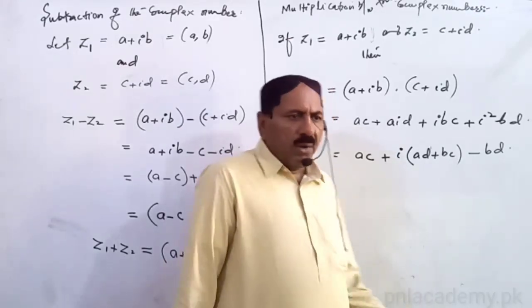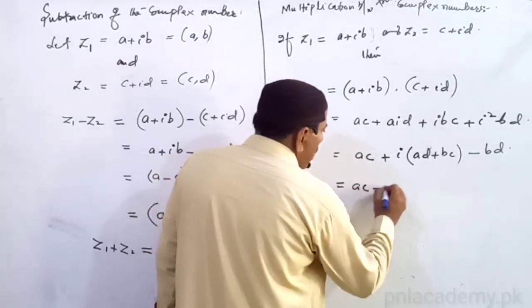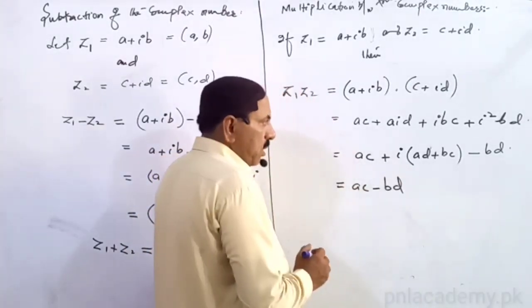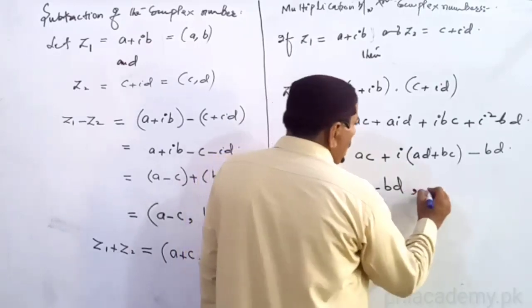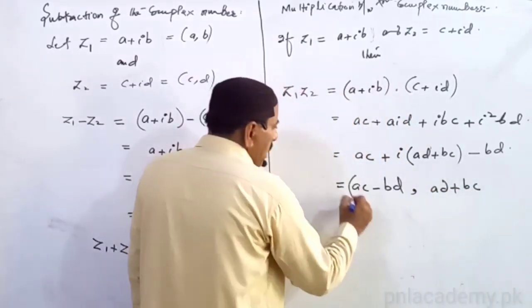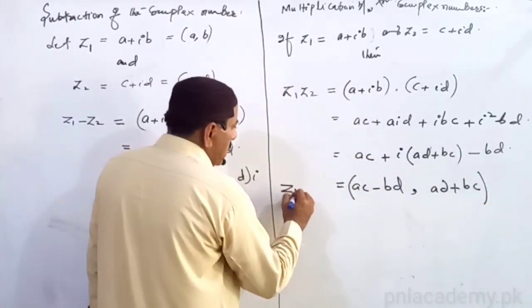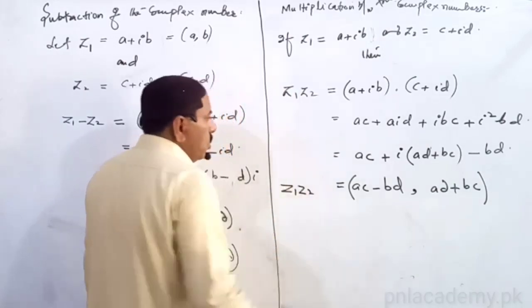There is no iota; this is a real part. So AC minus BD is the real part, comma, AD plus BC is the imaginary part. This will be the multiplication of two complex numbers Z1 into Z2.